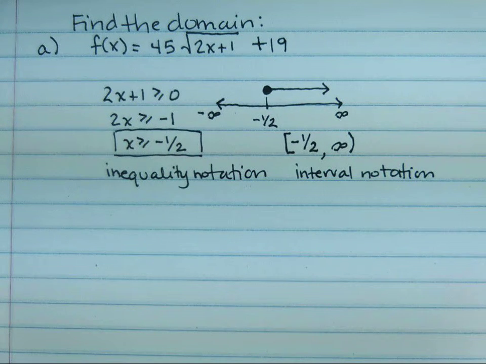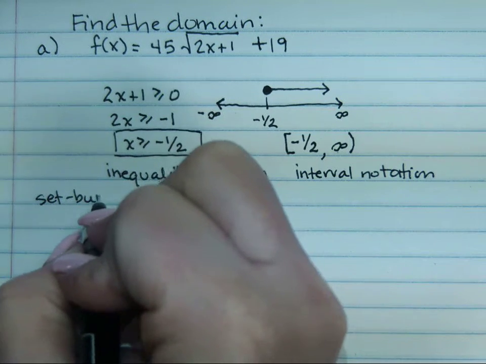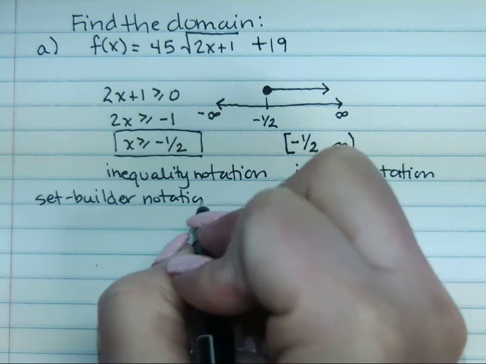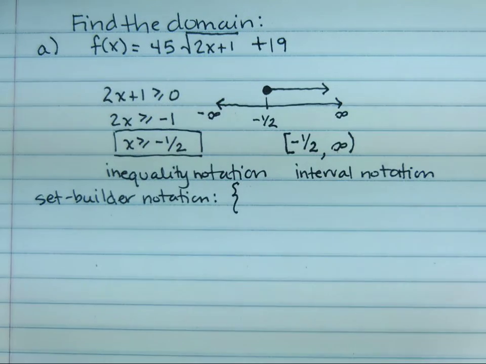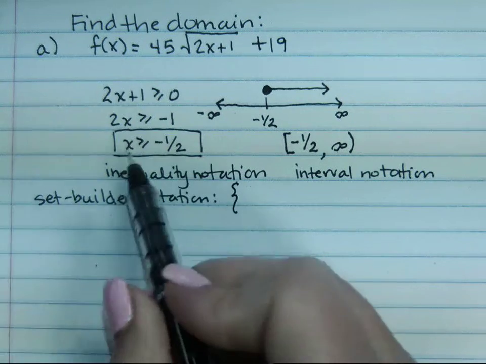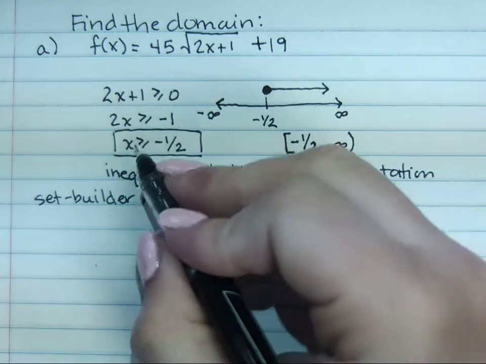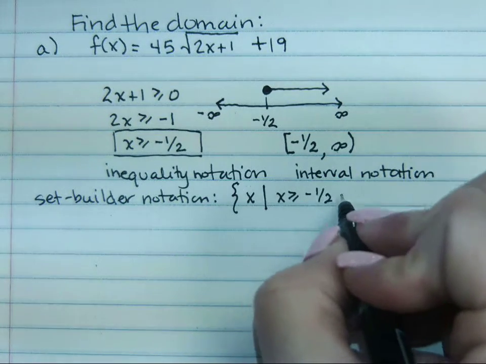There's a third way that we could talk about this, and that's what we call set builder notation. Set builder notation uses these little brackets. This is how we denote a set. And it says all the values for x such that, and you use your inequality: x has to be greater than or equal to negative 1/2.